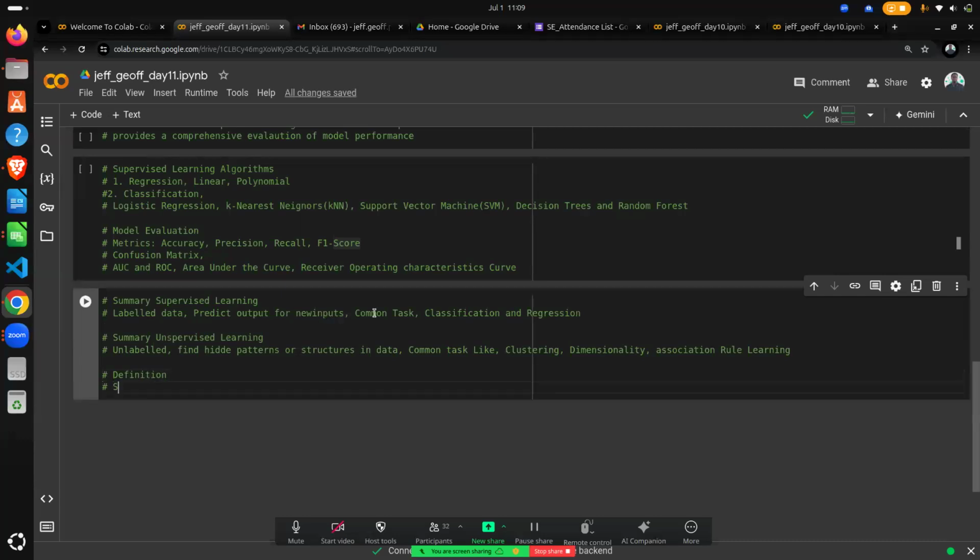When it comes to supervised learning, supervised learning learns from labeled data to predict outputs for new inputs.